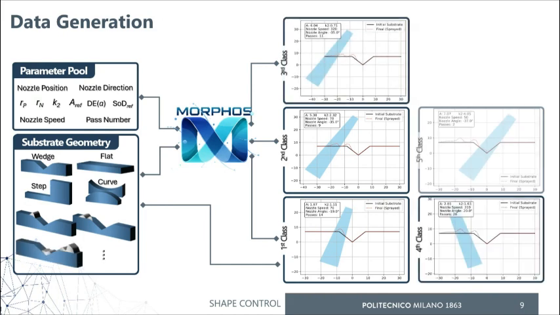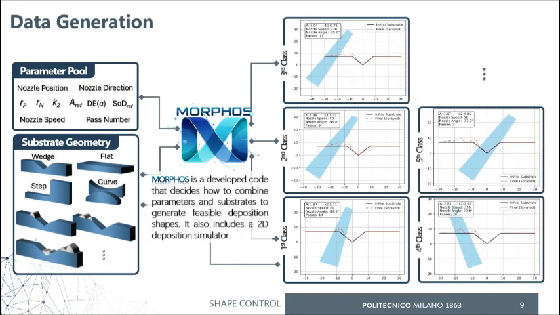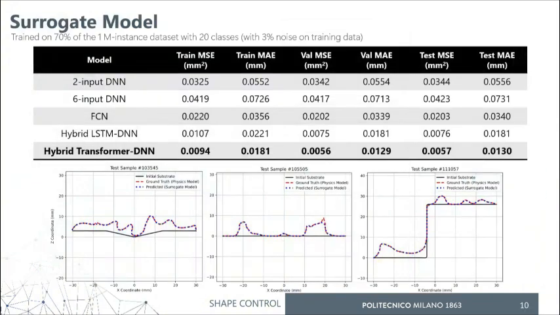So the fifth class of data would be a fresh substrate that has been sprayed five times. And after generating the data set, we used different kinds of model architectures, and these are the results of the training.